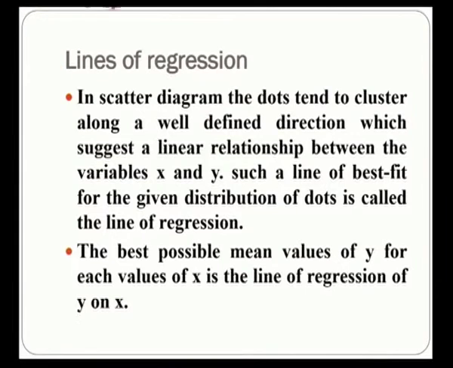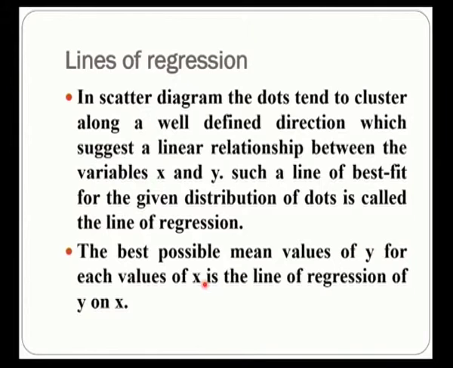The best possible mean values of y for each value of x is the line of regression of y on x. So, the best possible mean values of y for each value of x is the line of regression of y on x. Like this, the line of regression of x on y can also be defined.